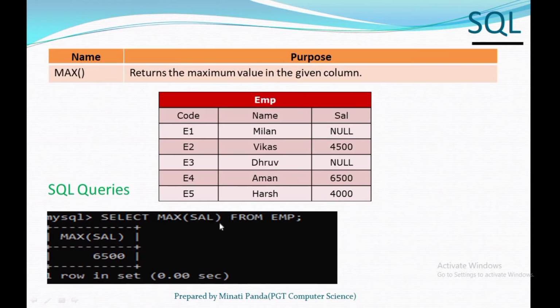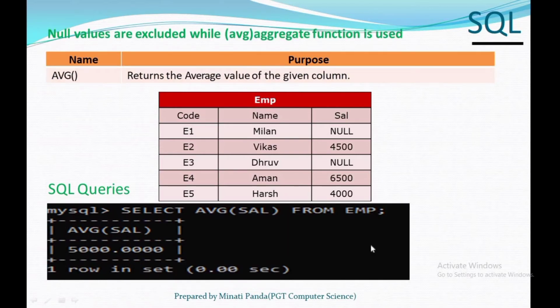If we want to calculate the maximum salary in a given column, we have to write SELECT MAX(salary) FROM EMP. As you can see, the maximum salary is 6,500. The output will also be 6,500.